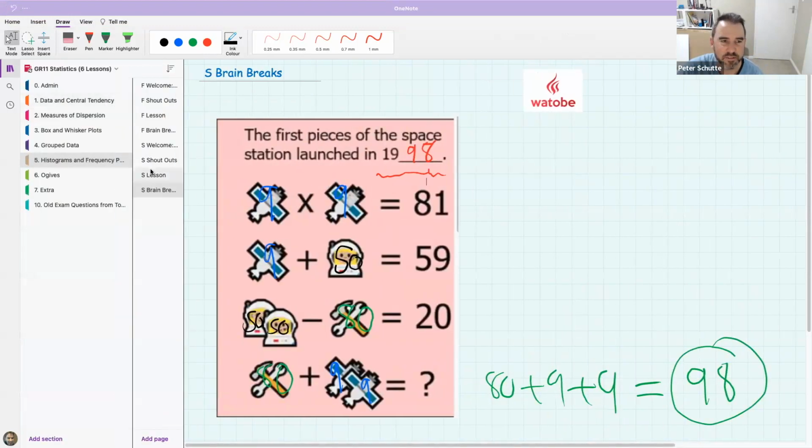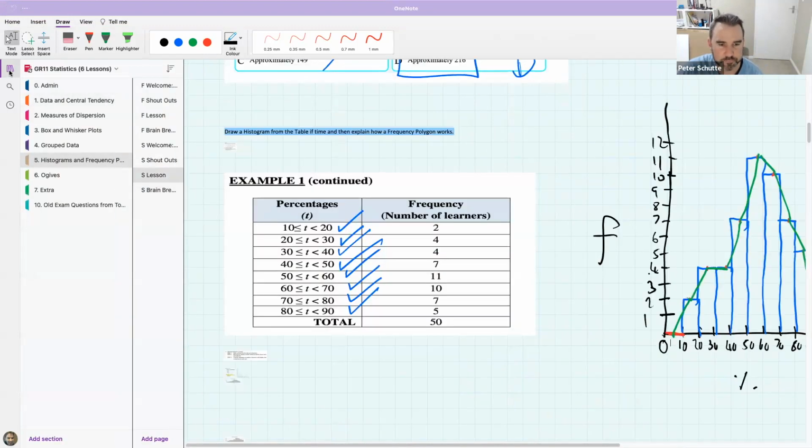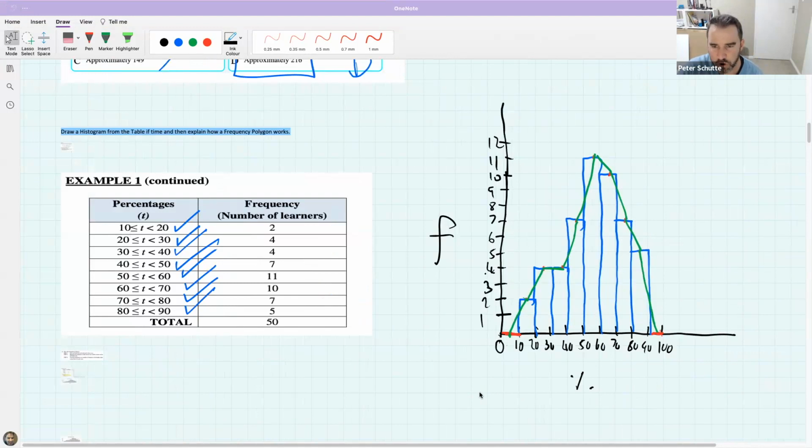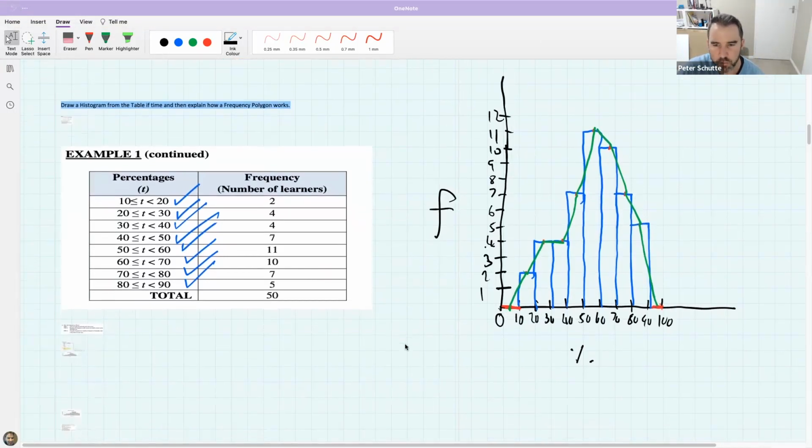Okay. Let's go back to what we were doing. So before I move on from this example, I want to ask you, what is the modal interval for this histogram? What is the modal interval for this histogram?